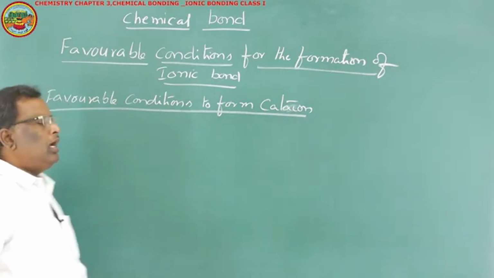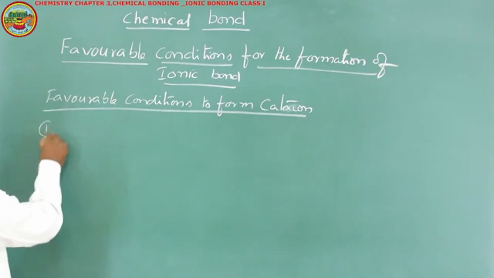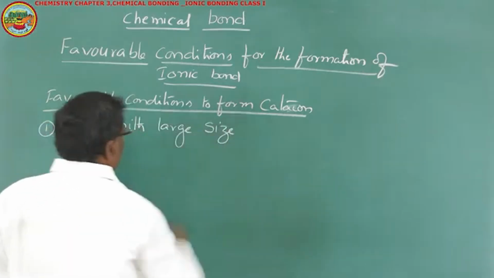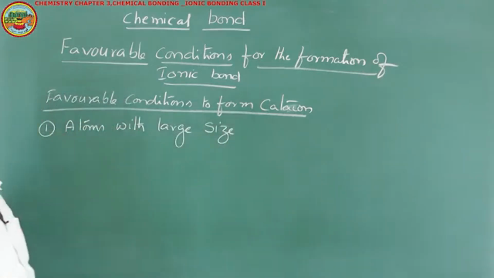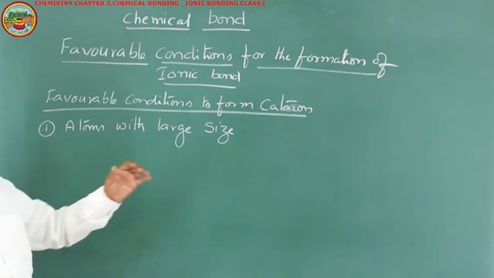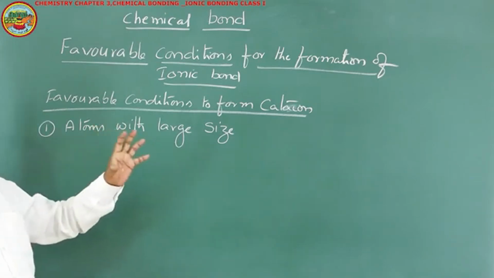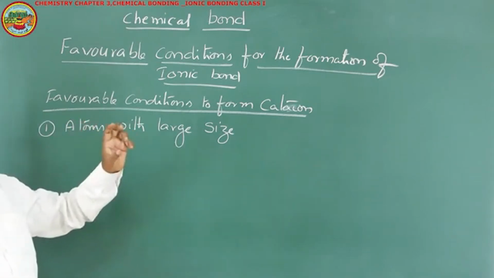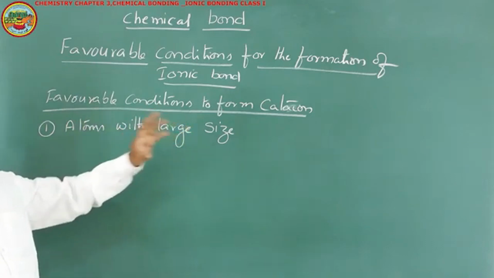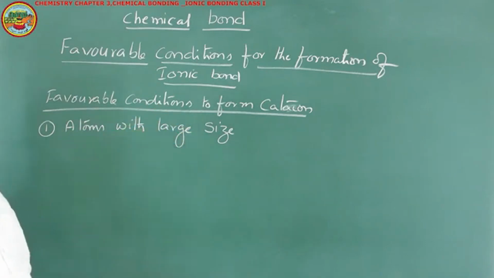That means atoms with large size can easily lose an electron. So to form a positive ion, an atom with large size is favorable to form a cation. First one.